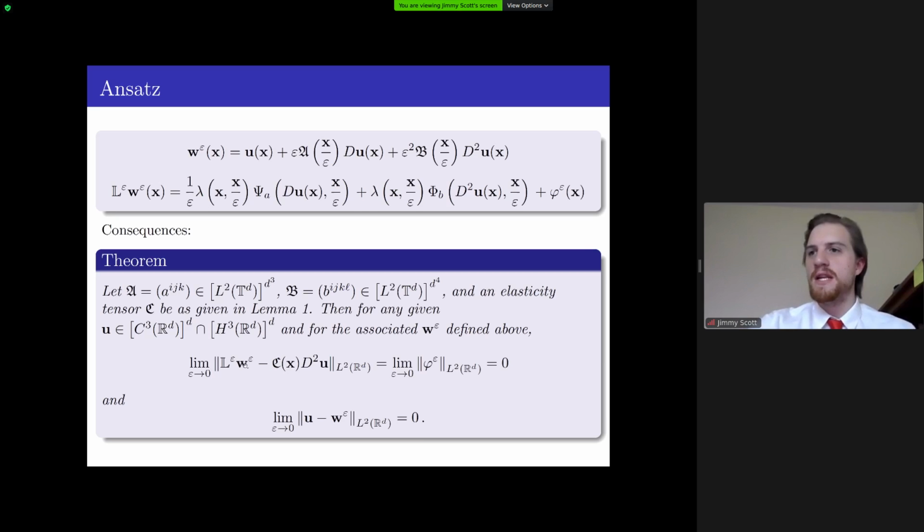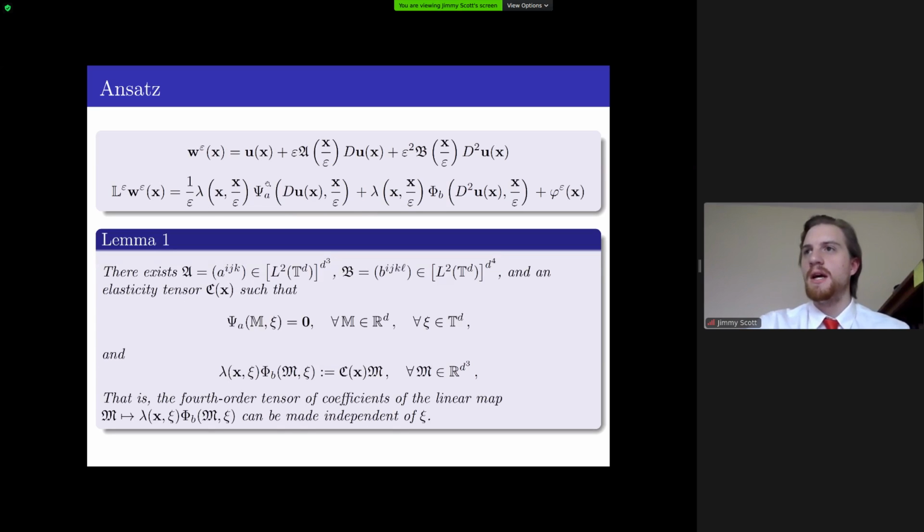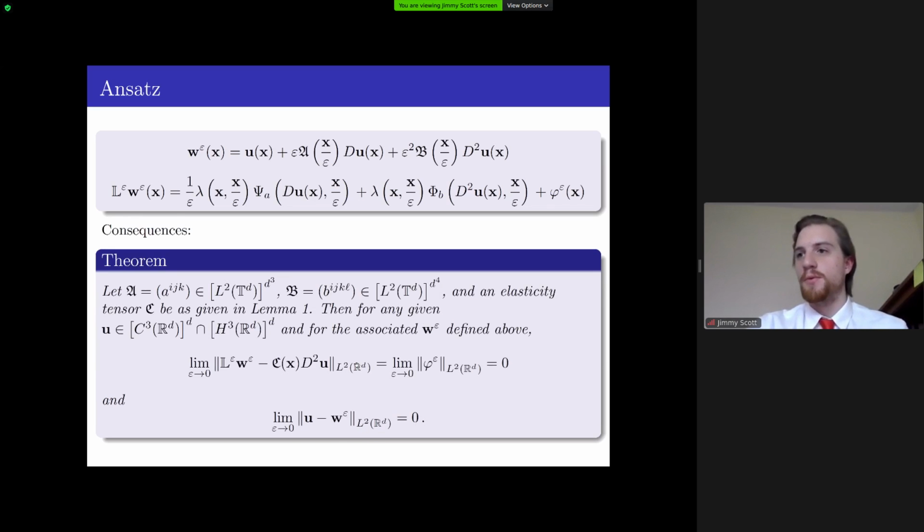The whole point is that this happens because we have very particular forms of these terms that show up when you plug this ansatz into this equation. And so we actually get that this is equal to 0, and that this is equal to my fourth order tensor times what turns out to be the Hessian of the limiting solution.